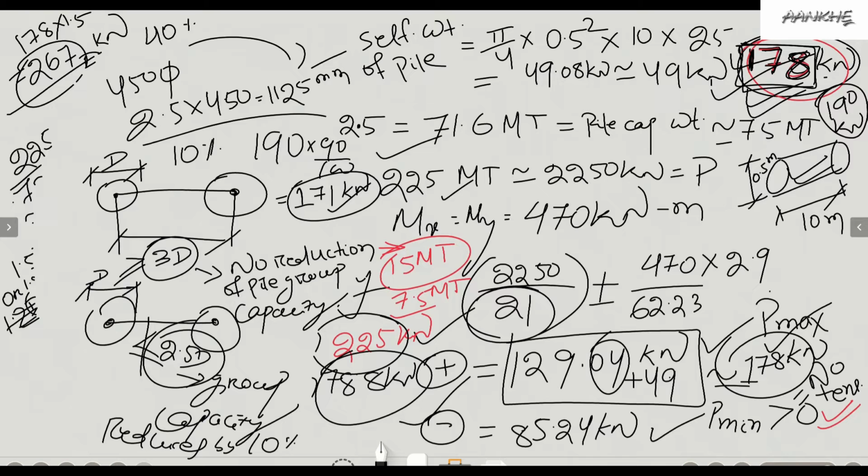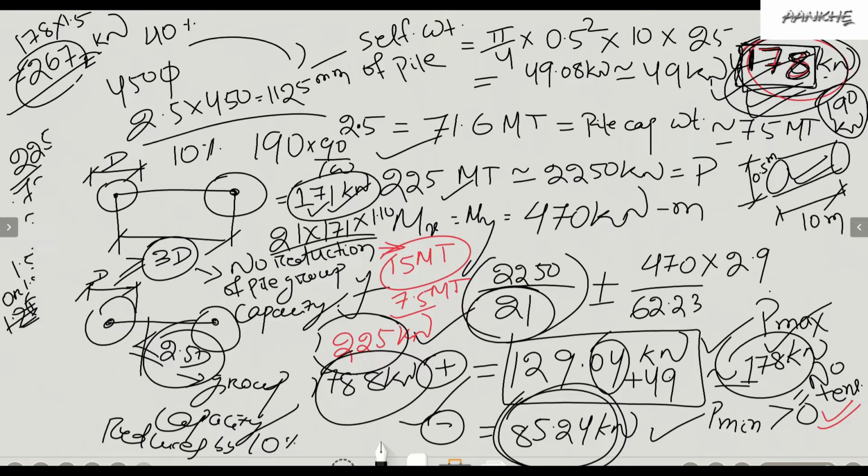That means during bending, some piles are getting less load and some piles are getting more load. So these individual piles may be stressed 40% high, but overall, if the capacity of one pile is 171, the group capacity will be 21 into 171. So this 21 into 171 can only be increased by 10% as a whole.